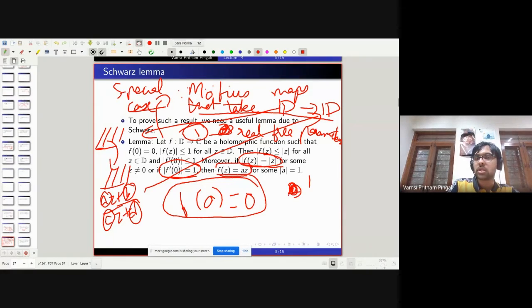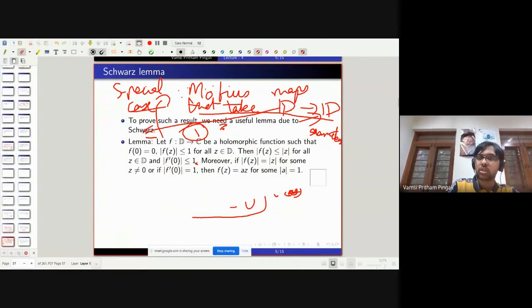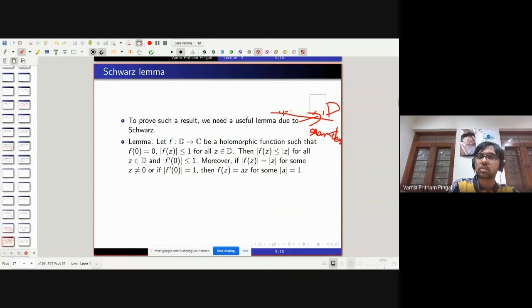And that's what this is saying. F of z is e raised to i theta times z, where this is your third real free parameter. So this is giving some intuition as to why this sort of a statement is expected. Once again, it is not a proof, it is not something to be taken too seriously, it's just to give you some intuition. Okay.